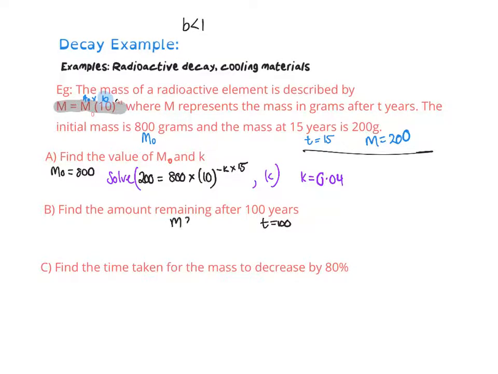They want the amount, so M's the question. So now you know your whole formula because you know everything. So you're just going to go M would equal M0, which is 800, times 10 to the power of negative k, which is negative 0.04, times 100. So what you're essentially putting into the calculator is just this bit, yeah?